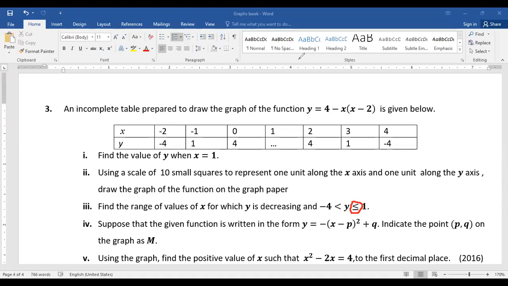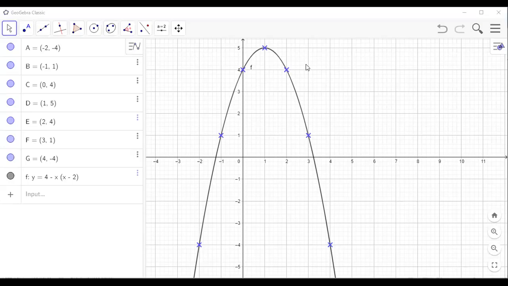Now when you go to the graph, you can see here, when the y value is 1, the graph is here, right? So when y value is 1, they have this equal symbol, right?